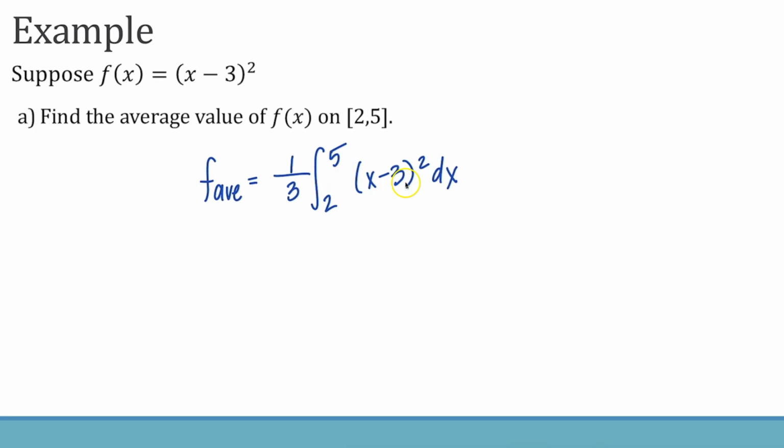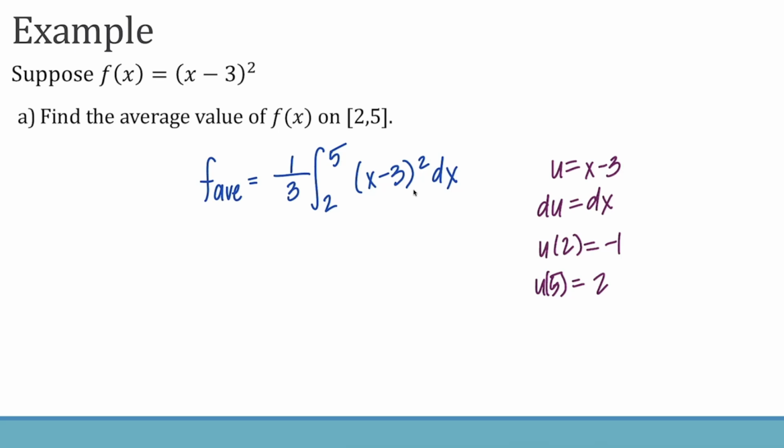Now we could absolutely expand this out and just do the power rule, but I'm actually going to do a u-substitution. I'm going to let u equal x minus 3, then du is dx. We'll change our limits of integration to u's. U of 2 minus 3 is negative 1. U of 5 minus 3 is 2.